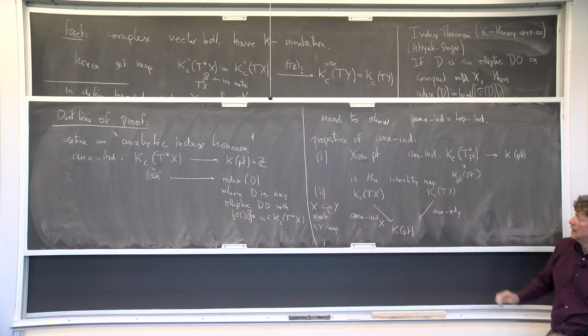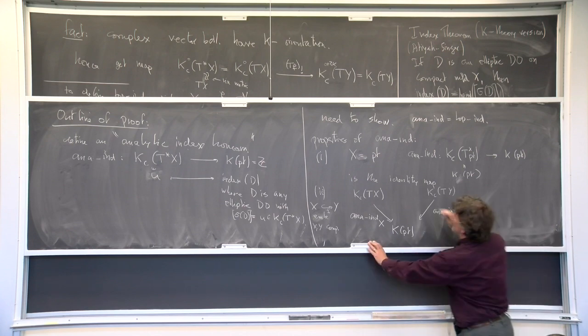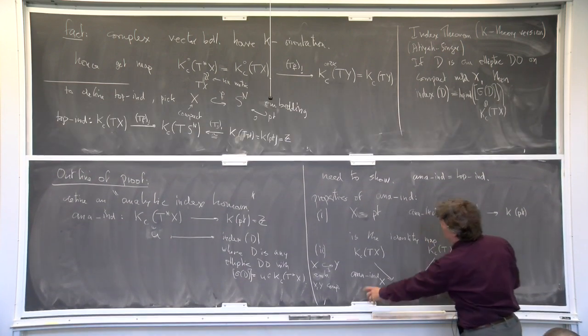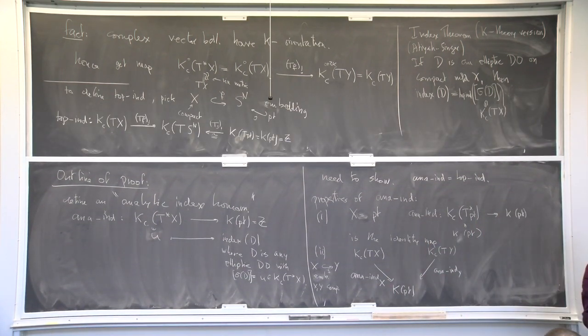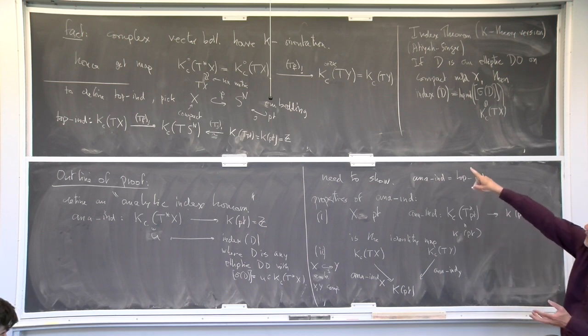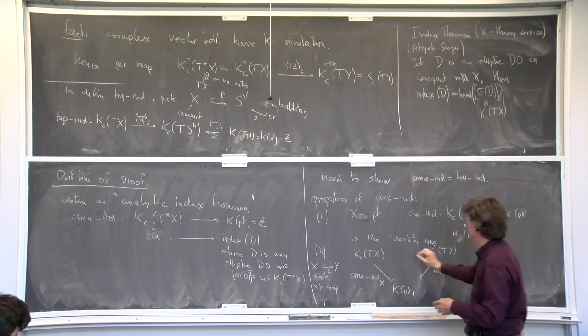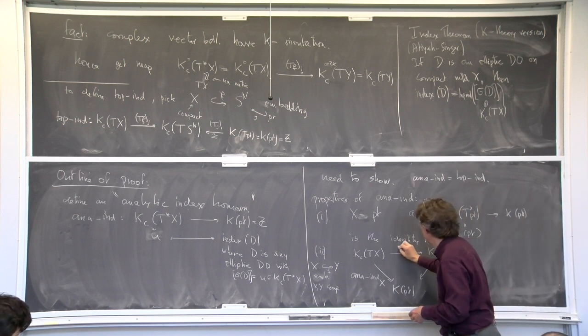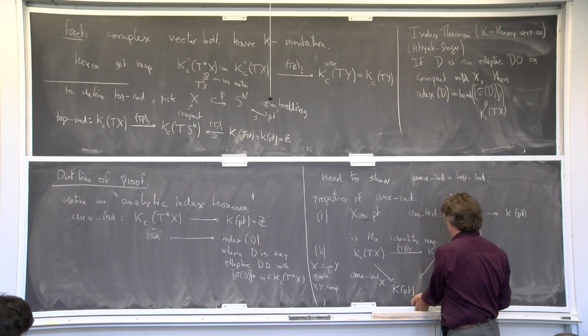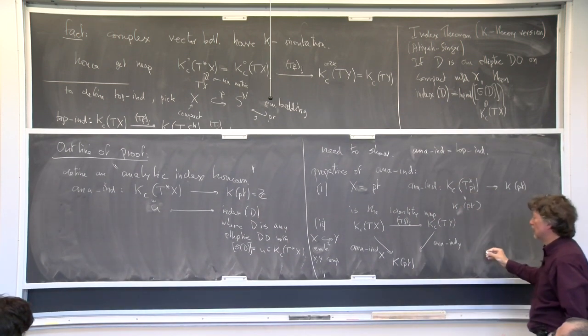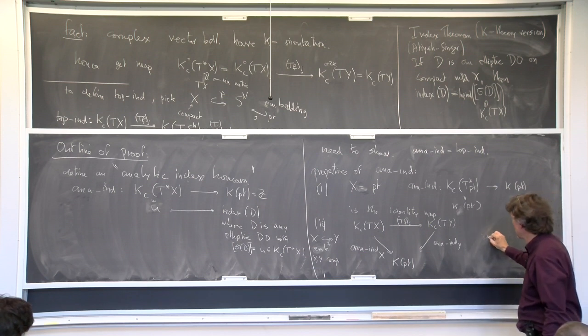Since we said in this construction up there, whenever we have an embedding of these compact manifolds, we get a proper embedding of the tangent spaces, and that induces this map that we call Tf shriek. So here's the map Tf shriek. The statement is that this diagram is commutative.